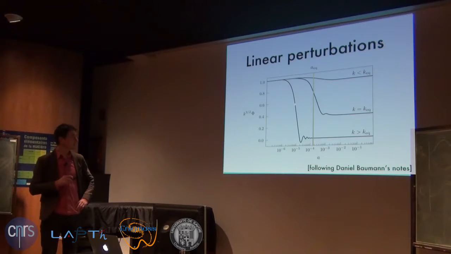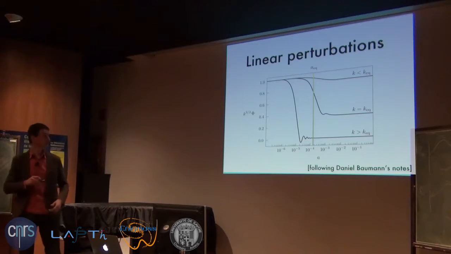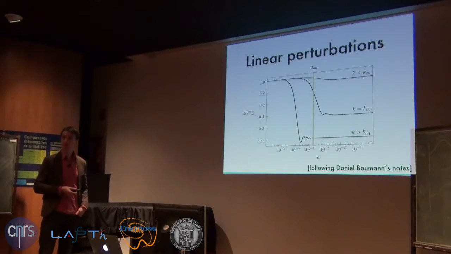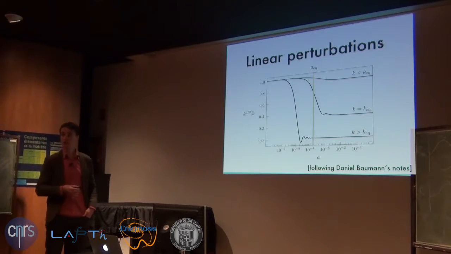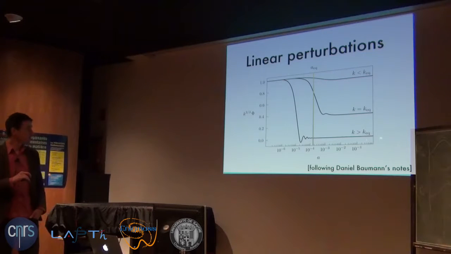It enters the Hubble radius, so the solution of the differential equation transits from the constant solution of super-Hubble scales to the oscillatory solution of sub-Hubble scales. It will oscillate in time, and then at some point, equality, which denotes the time when radiation and matter are equally abundant in the universe and matter takes over the expansion rate, the solution also transits from the radiation-era oscillatory solution to the matter-dominated constant solution. It becomes constant.